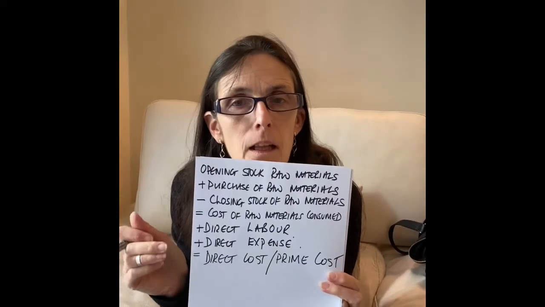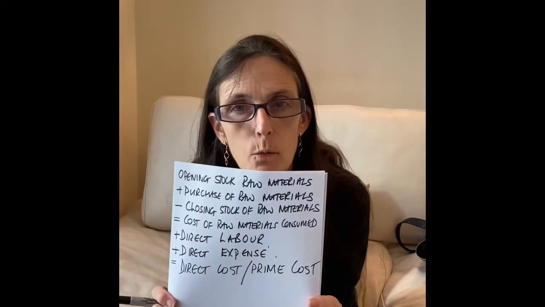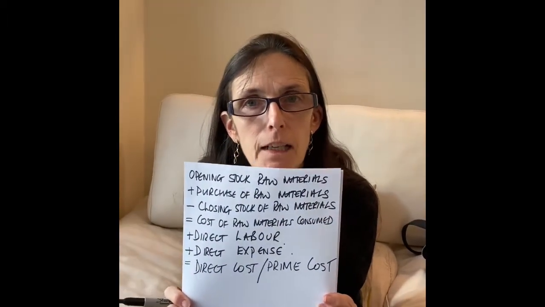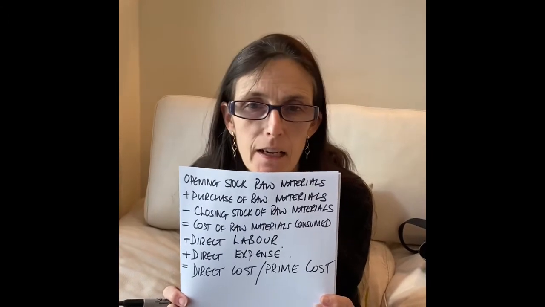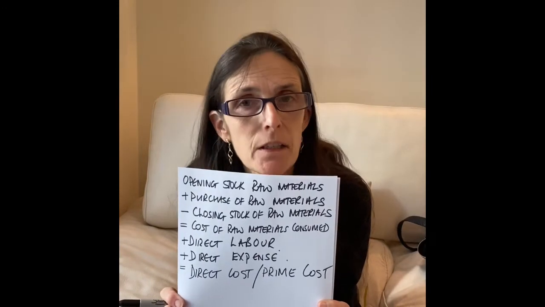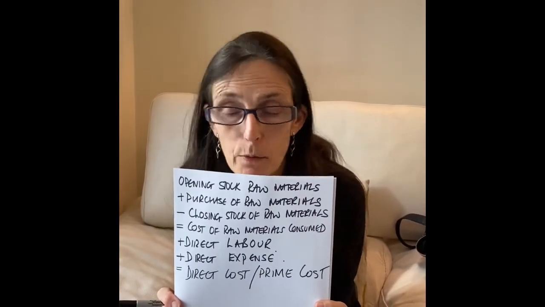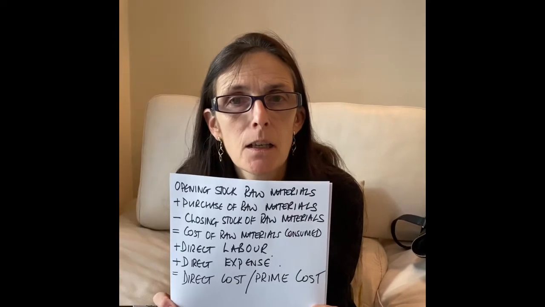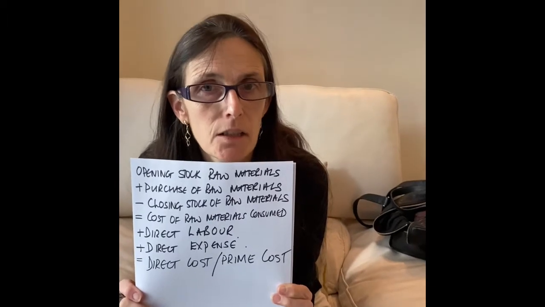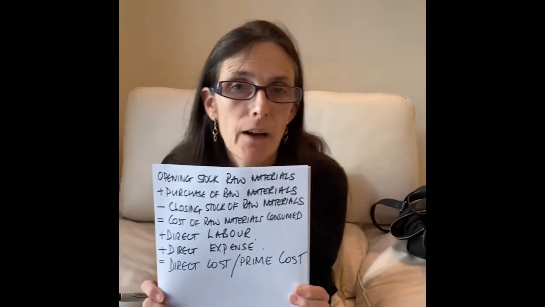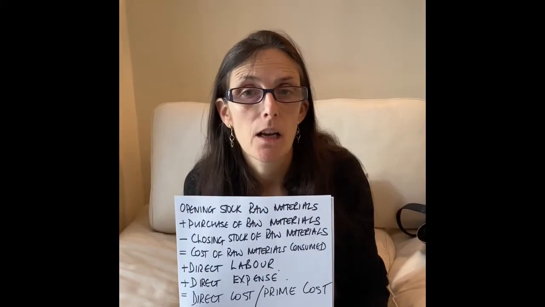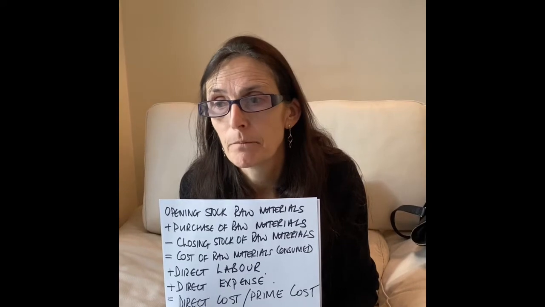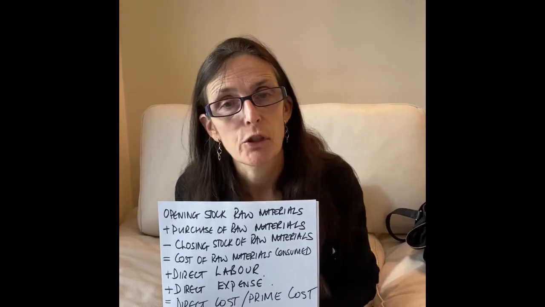manufacturing. However, we're still in the factory, and in order to make these goods, whatever they are, chairs, tables, it doesn't really matter, we need the materials, we need the labour, we have to pay the expense if it's there, but we can't make anything without heat and light, without power, without factory insurance, without factory maintenance, without factory cleaning, without warehousing, without depreciation on the factory machines.